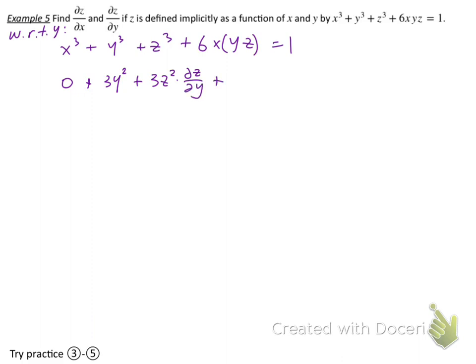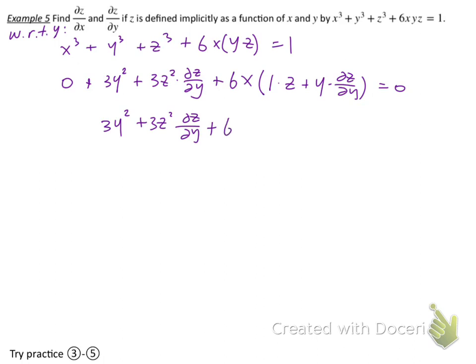Then the yz is the product rule with the coefficient 6x. I'm having 1 times z plus y times partial z partial y equals the derivative of 1, 0. So 3y squared plus 3z squared partial z partial y plus 6xz plus 6xy partial z partial y equals 0.